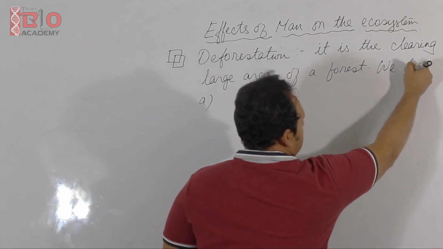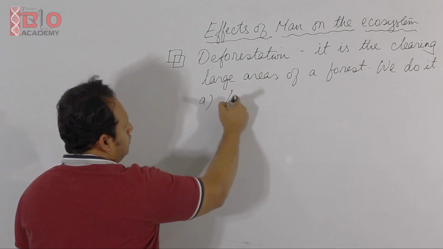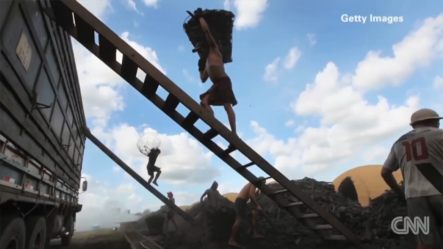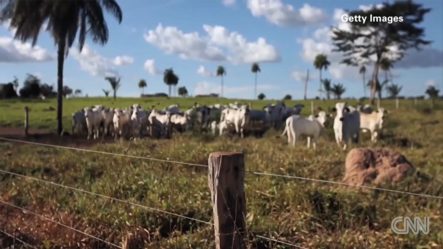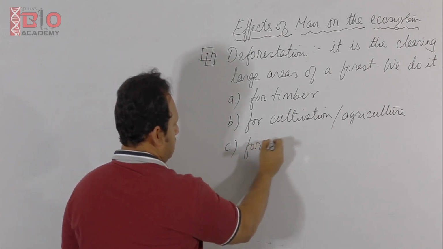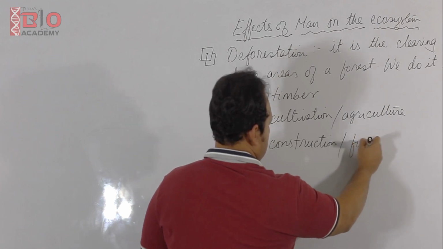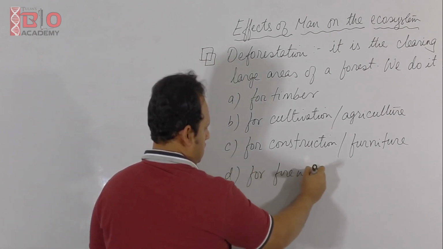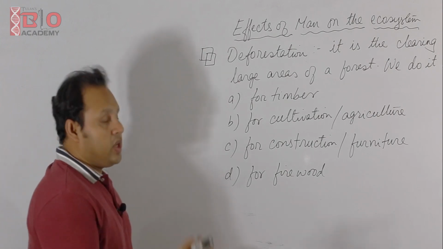We do it for timber, for cultivation or agriculture, and for construction, making paper, firewood, furniture, and etc. So this is the reason why we do deforestation, or why we actually need trees.